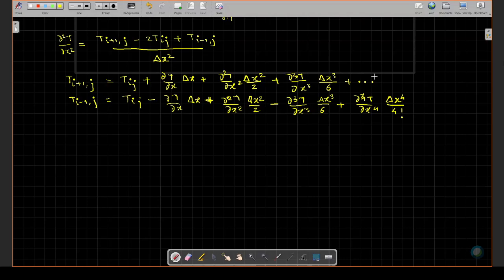Okay, likewise there will be another term here, and if you do that, here if you see, and you do this thing, then you can get it. Okay, so if you add these two, we will get T i plus 1.